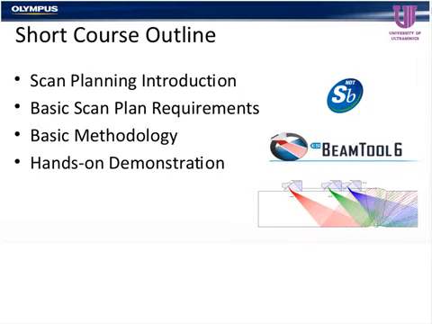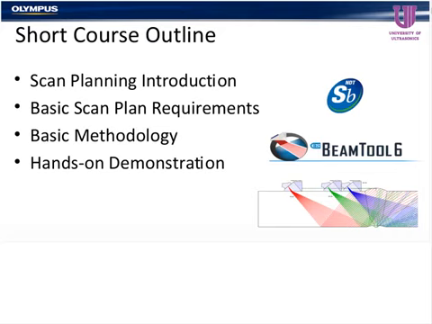So what we'll cover is just a little bit about what we consider a scan plan to be, talk a little bit about where scan plans come from, what information is involved, a little bit about perspective from our codes. What do our code books typically tell us about scan plans, what's required, essential variables, and obviously getting into how we actually implement that scan plan.